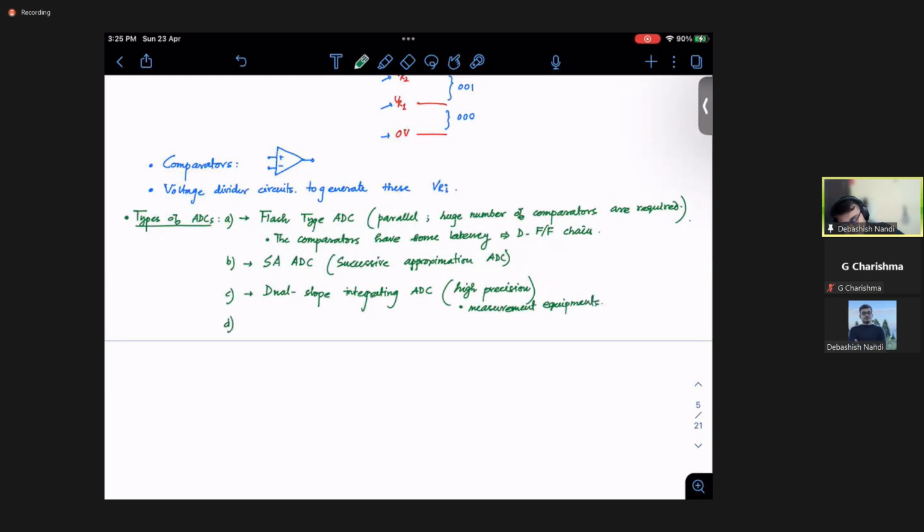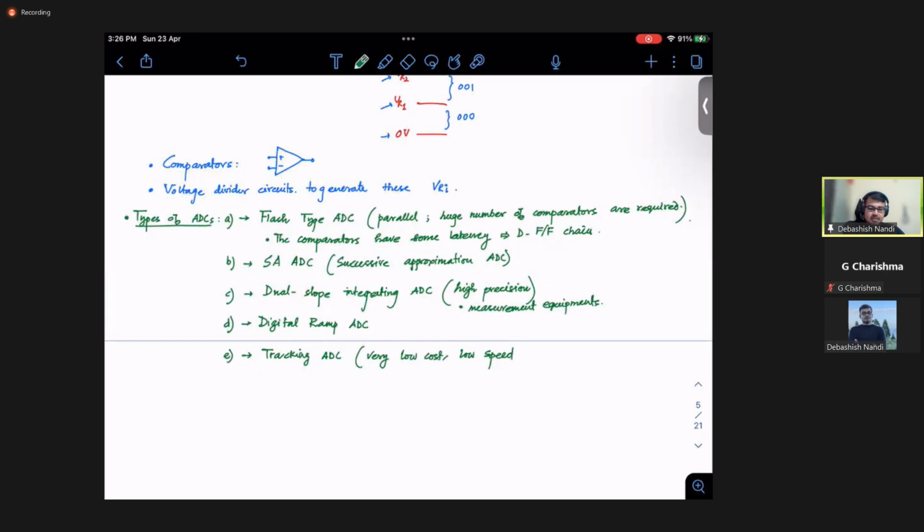Then you have the digital ramp ADC. This was also discussed in the lecture. You can refer back. Also, you would have the tracking ADC, right? These are very low cost and low speed operations. You use this, okay?